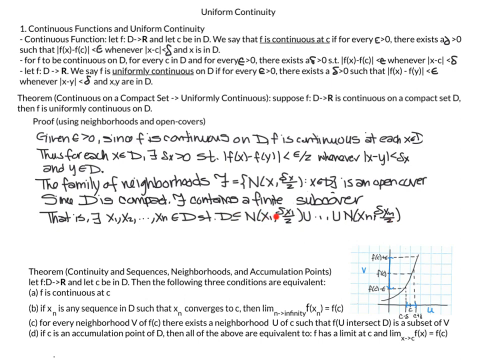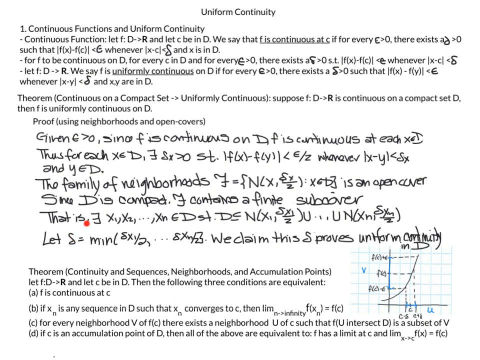So these are our neighborhoods for x1 up to xn, and they completely contain D. If we let delta equal the minimum of delta x1 divided by 2 up to delta xn divided by 2, we claim that this delta proves uniform continuity in our domain D.